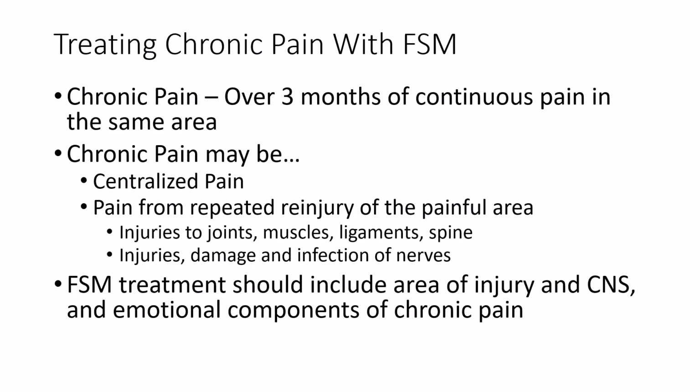So the pain that is ongoing may come from the original area of injury due to re-injury, or it may be centralized. And whenever you have chronic pain, you want to focus both on the area of injury and on the central component, which means treating the central nervous system, the spinal cord and brain, and also the emotional components in the brain.